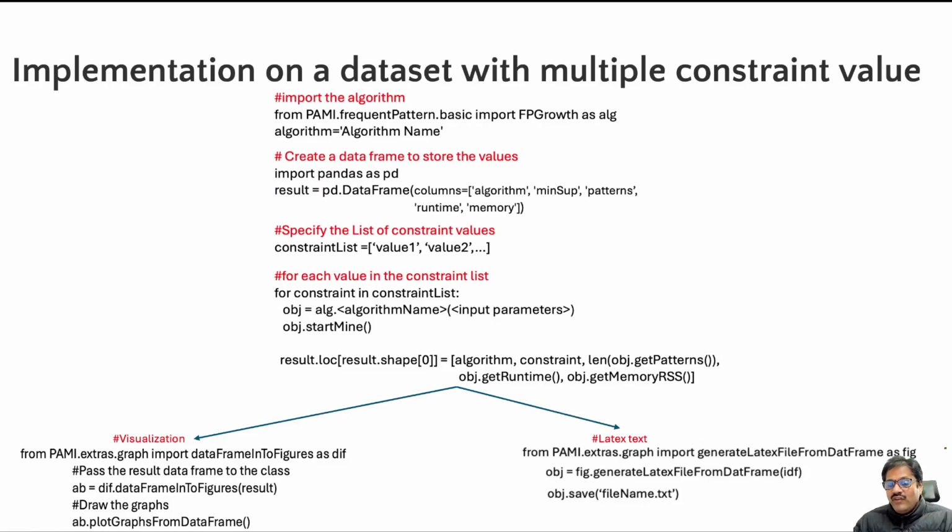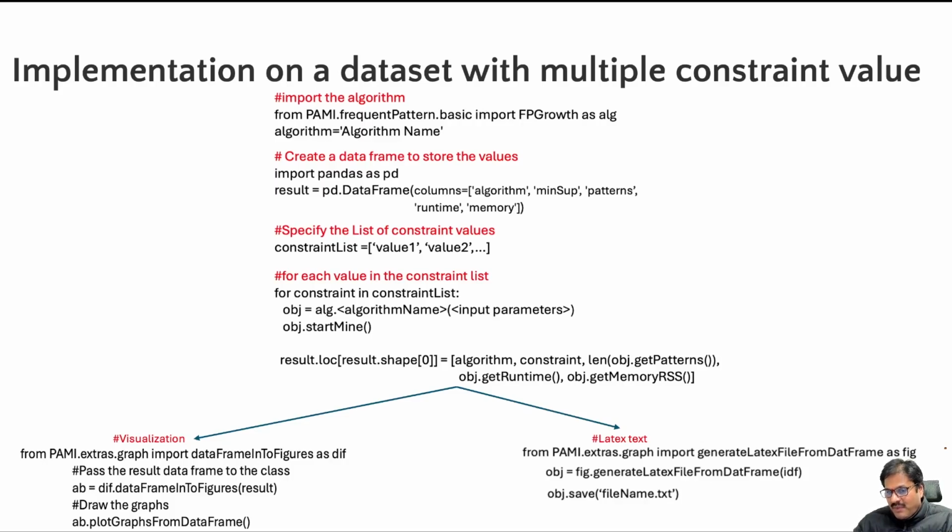Now we will look at how we can generate the results at multiple constraint values and use them for our research purposes. In the previous case, we used only a single constraint value to find frequent or interesting patterns.